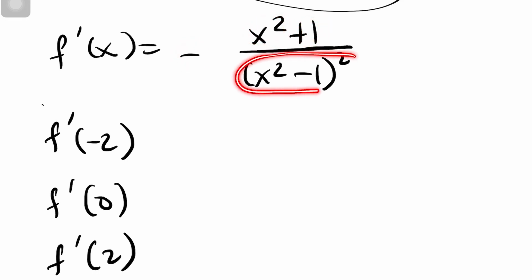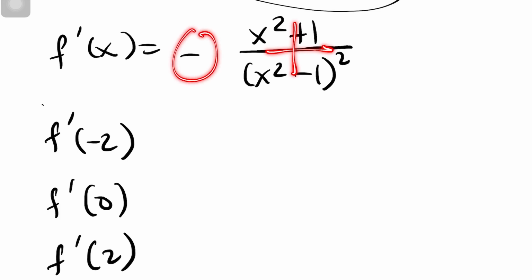And then we know that the bottom part is also going to be a positive number because this could be a negative or a positive, but when you square it, it turns everything positive. So you have a positive over a positive, which gives you a positive number. But then you have a negative in front of it, like imagining negative 1. So you have a positive times a negative. This will give us a negative.